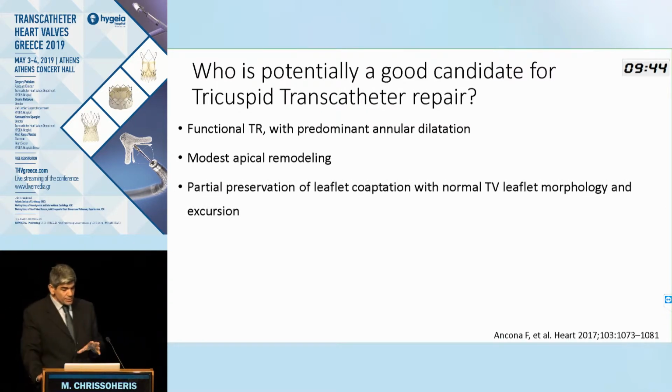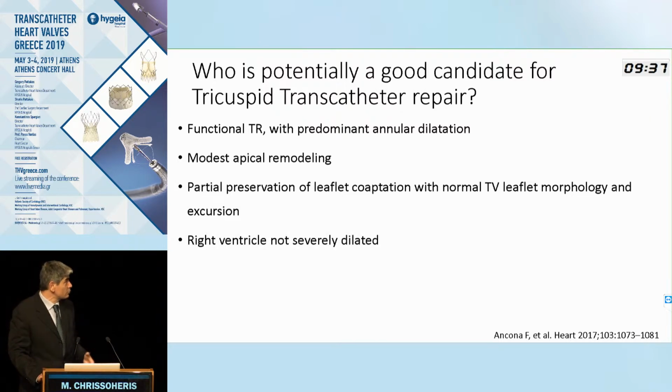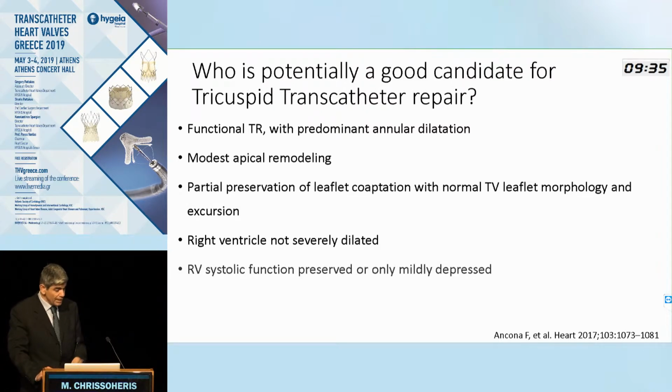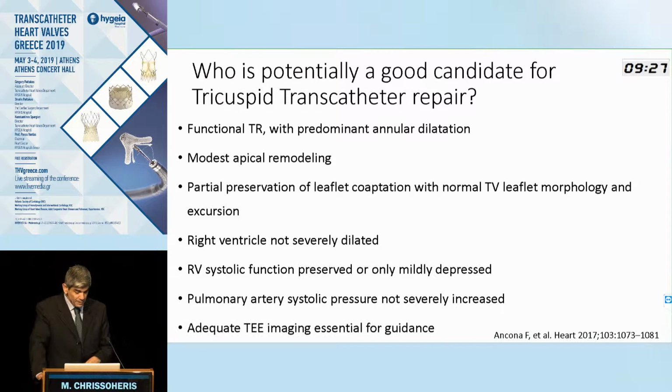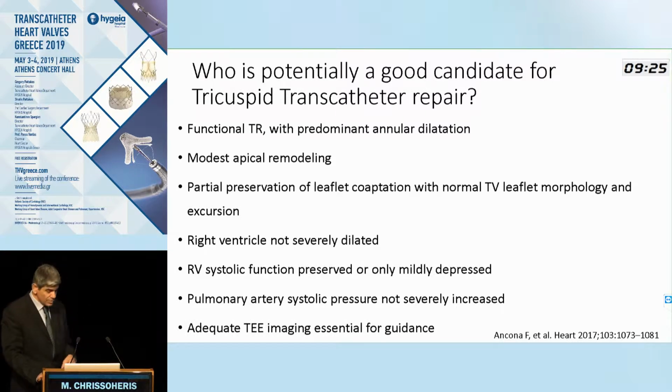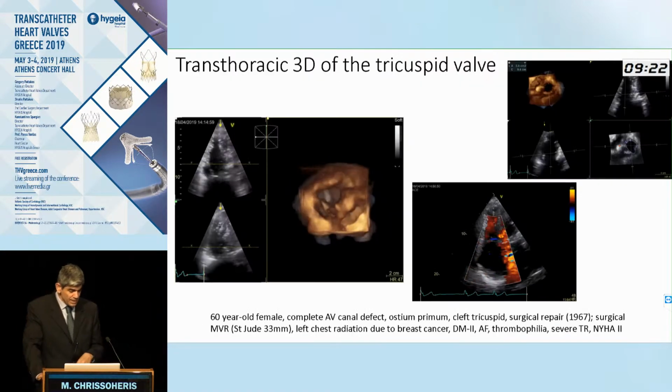We need some partial preservation of leaflet coaptation with normal tricuspid valve leaflet morphology and excursion. The right ventricle should not be massively dilated, and the right ventricular systolic function should be preserved or only mildly affected. We shouldn't have severely increased pulmonary pressures, and we definitely need good imaging to approach these patients.